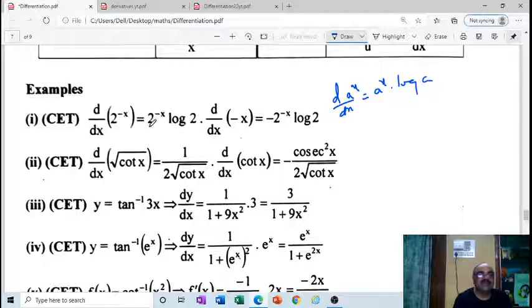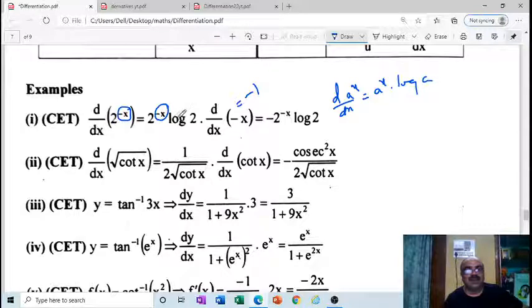But friends, it will not stop here. Since you have this value, the minus x needs to be differentiated. Differentiation of minus x is minus 1.